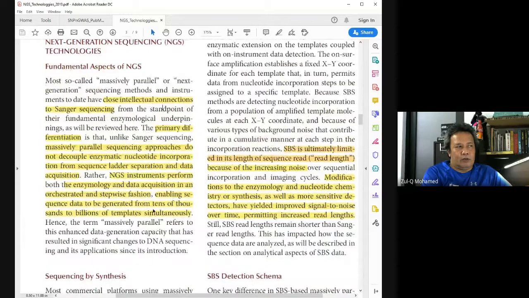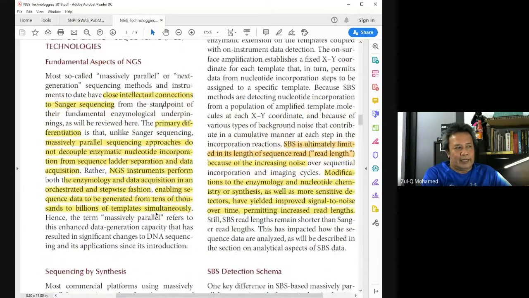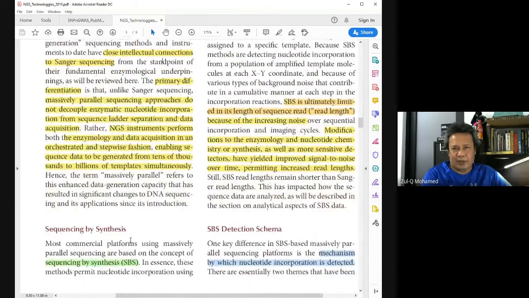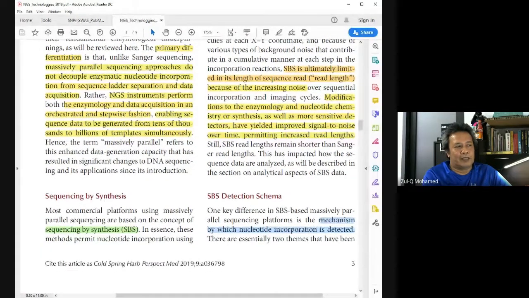Going to NGS, it says sequencing by synthesis. That's why I say you need to understand the basics of NGS first, so you know what this paper is talking about. Most commercial platforms that use massively parallel sequencing are based on the concept of sequencing by synthesis.